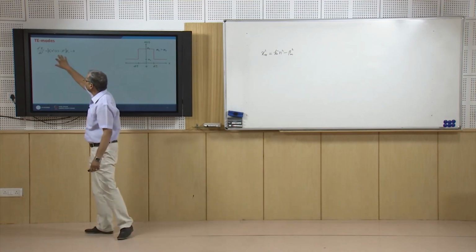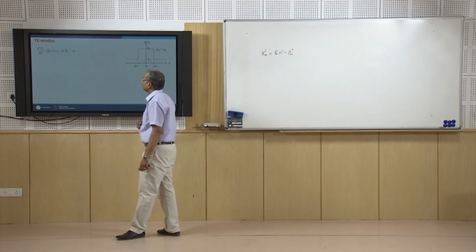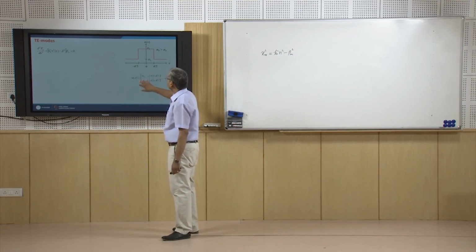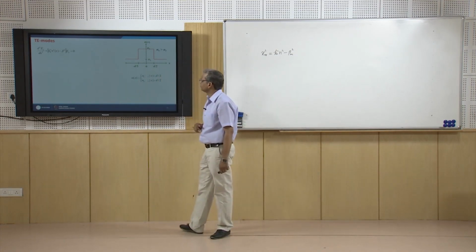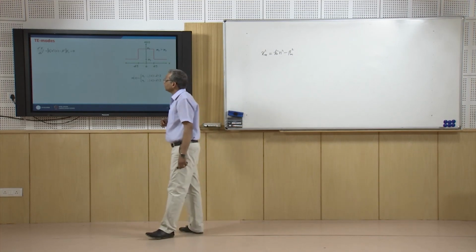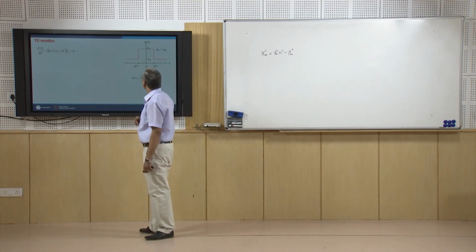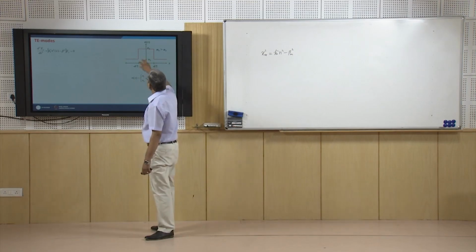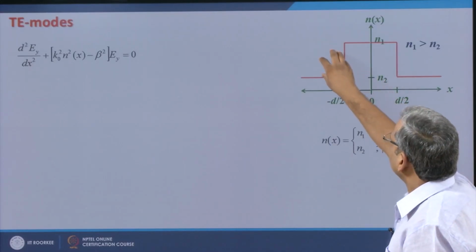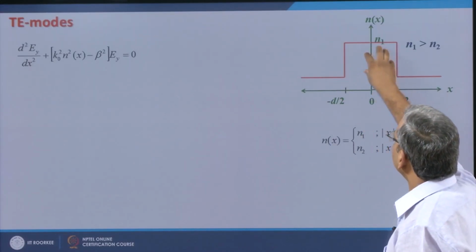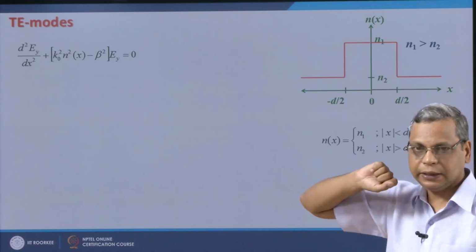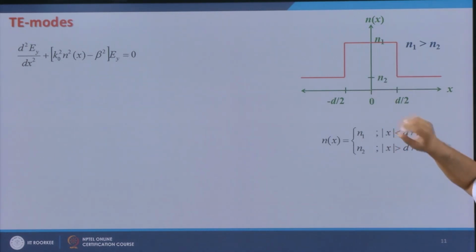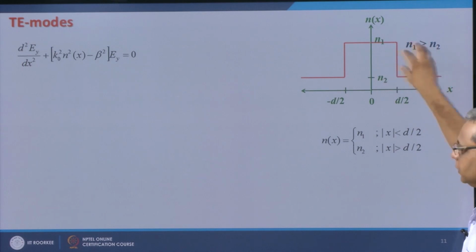So this is the wave equation for TE modes and this is n of x. So how do I solve it? Well, I find that in this region, this region and this region, in all the three regions, the refractive index is constant.